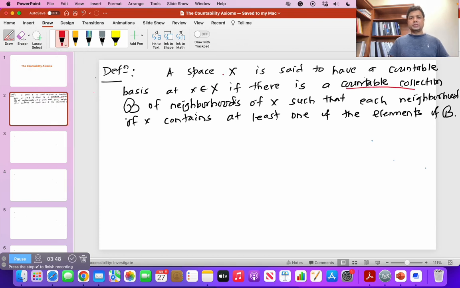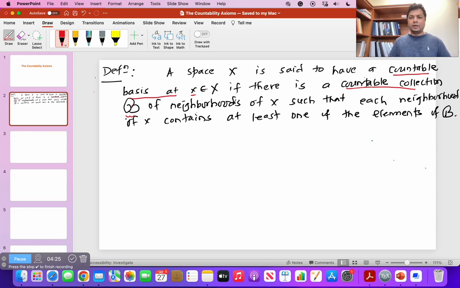So a topological space X is said to have a countable basis at this element x in X if there is a countable collection of neighborhoods of x. Let's call that countable collection script B, such that if we pick any neighborhood of x, that neighborhood contains at least one of the elements of script B. Then X is said to have a countable basis at x.